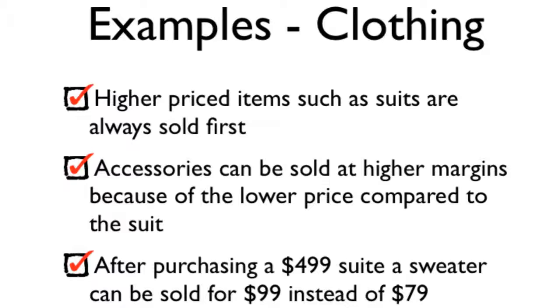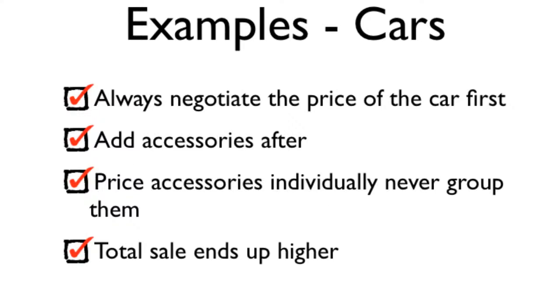So you could probably make the case that you could sell a higher priced item at a lower margin and then make your blended margins work by adding smaller accessories at a higher margin. That way your overall blended margin would be higher.